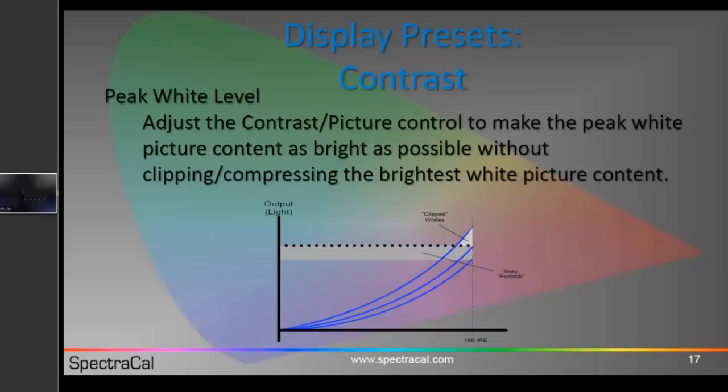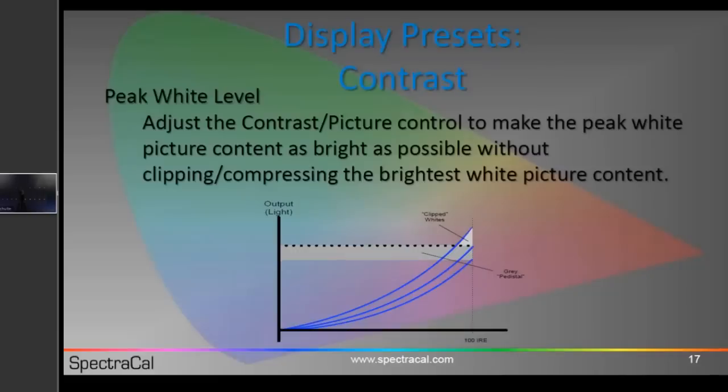the sky, if we push the contrast control excessively high, what we would find would happen would be that the parts of the clouds that were not quite at the brightest white would also be pushed to that highest white level, and we would start to have some clipping, as it's called, or white compression, where it would look like the different levels of bright gray would all blend together.